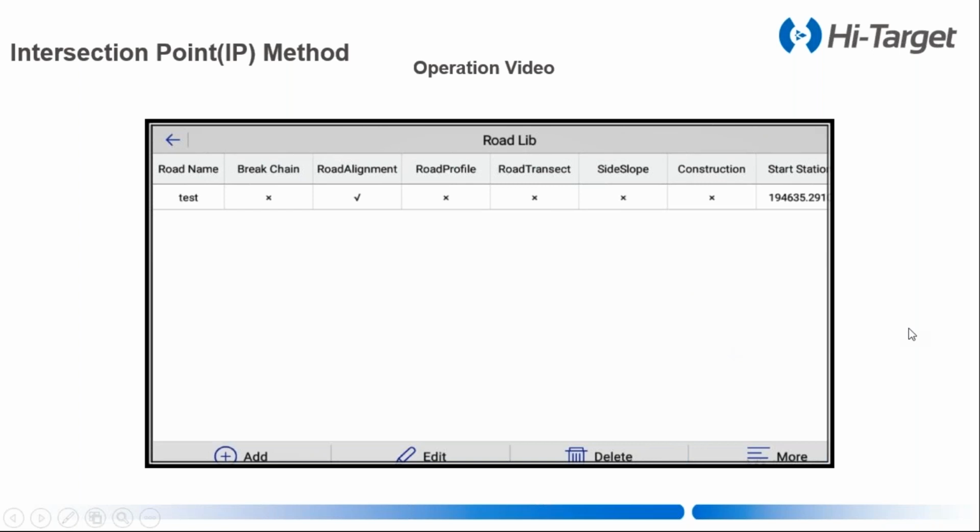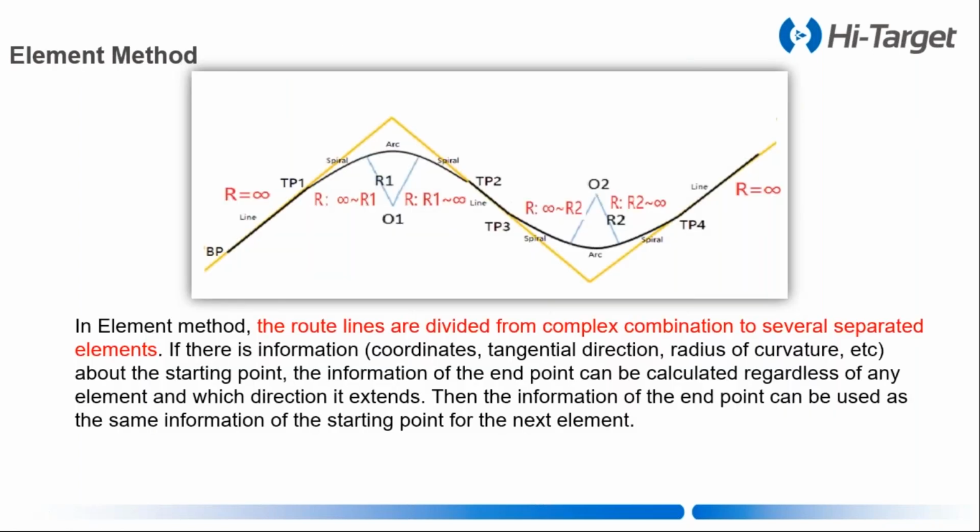And the second method is the element method. For the element method, the road lines are divided from complex combinations into several separated elements. You can see in this picture, here are straight lines, spiral curve and circular curve.